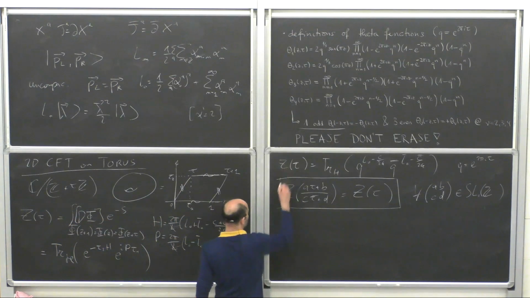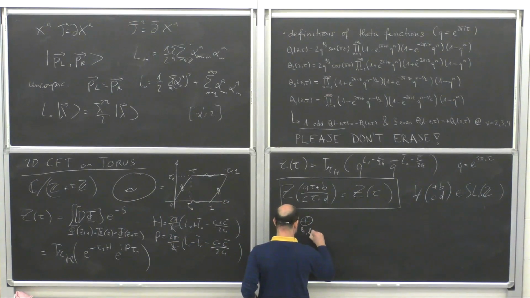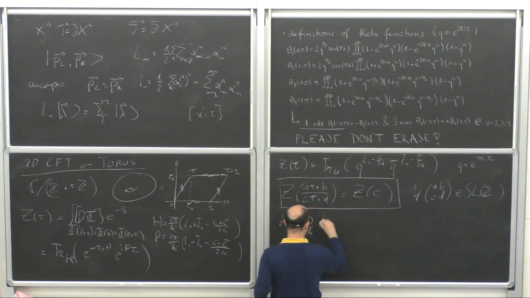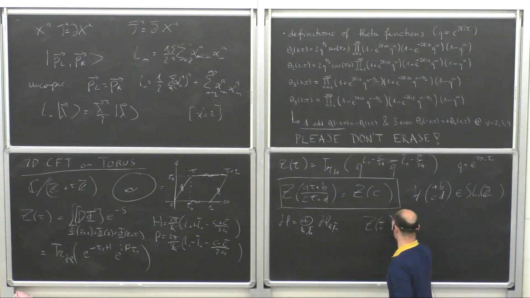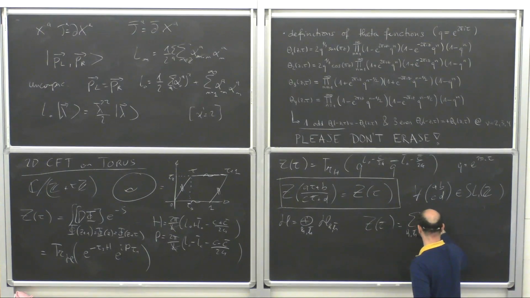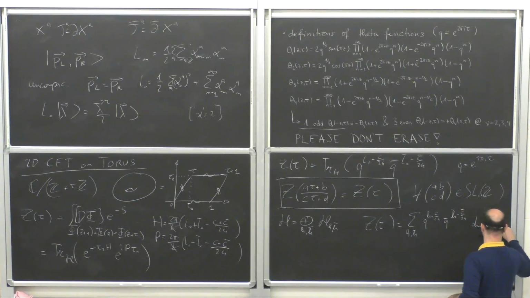Now, if you write this Z of tau more explicitly, for example, if you decompose your Hilbert space of states into eigenspaces of L0, L0 bar, then the partition function is just a Q series: you sum over h and h bar of Q to the h minus c over 24, Q bar to the h bar minus c bar over 24, times the dimension of these eigenspaces.